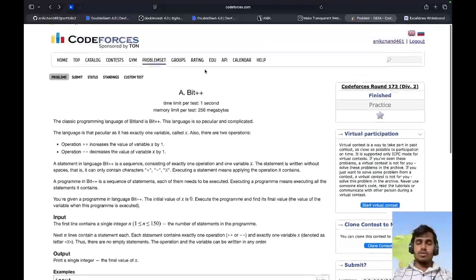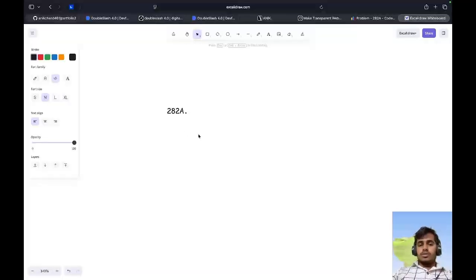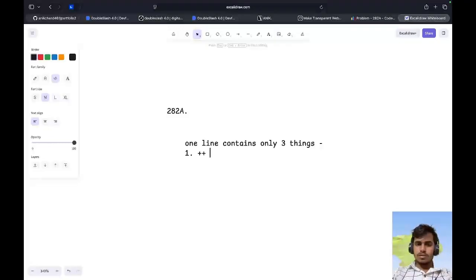Okay, let's do the problem. What the problem is telling is that one line has only three things: either plus plus, minus minus, or x.